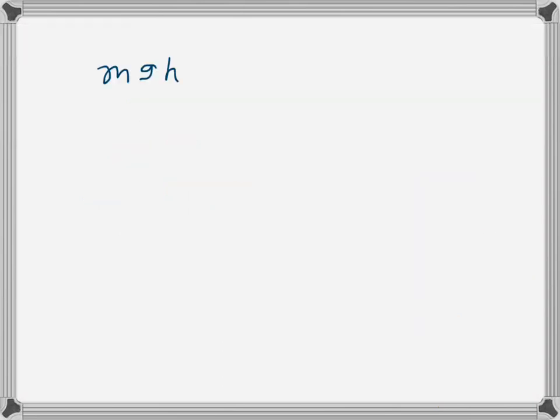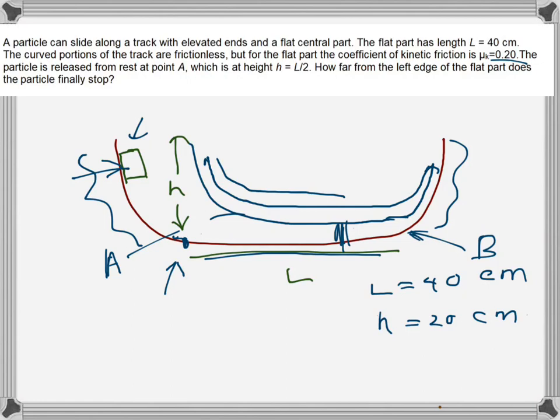So when it reaches point A, what is the velocity? All its potential energy will be converted into kinetic energy, so half m v_A1 squared. The reason I wrote 1 is that it may come back here once it goes down that way and goes up there and comes down.